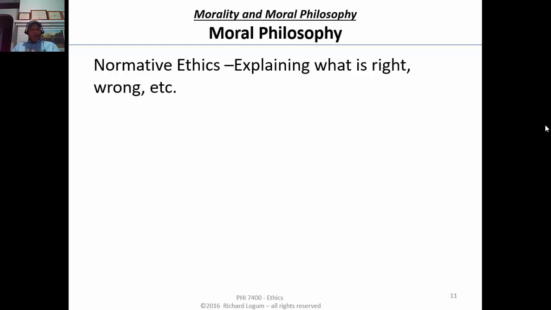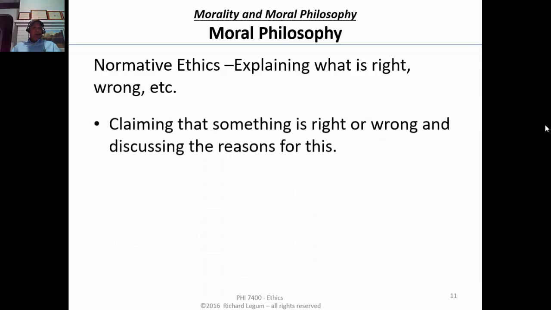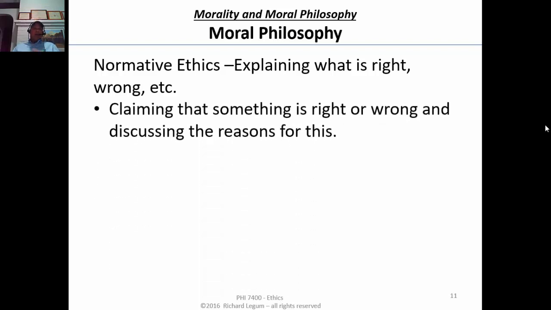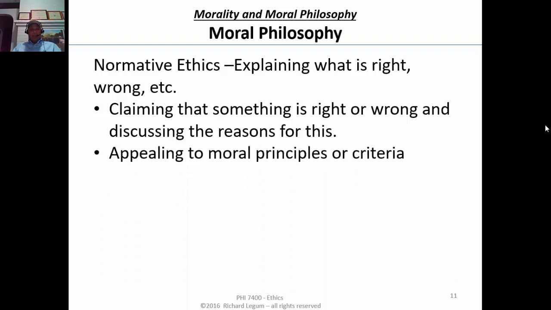And the goal of normative ethics is to explain what is right, what is wrong, what things are good values, what things are bad values, and it proceeds by claiming that something is right or wrong, and not only just making the assertion that something's right or wrong, but you're discussing the reasons, you're presenting the reasons for this.